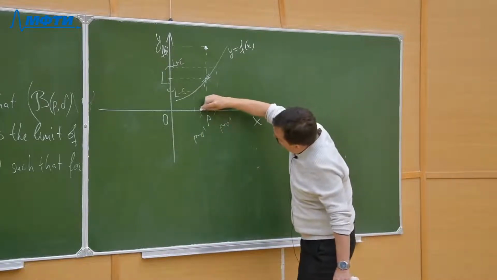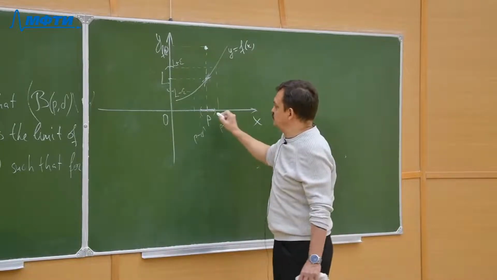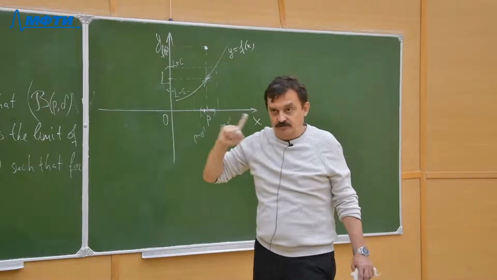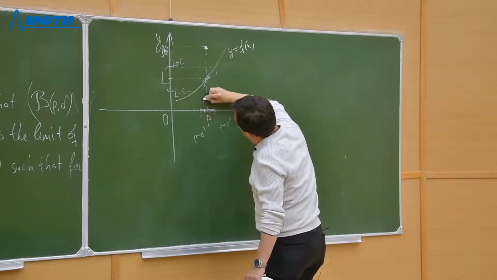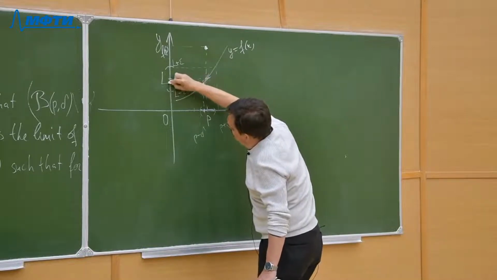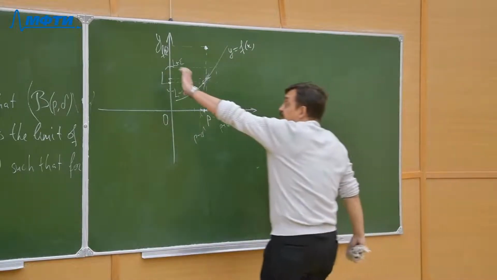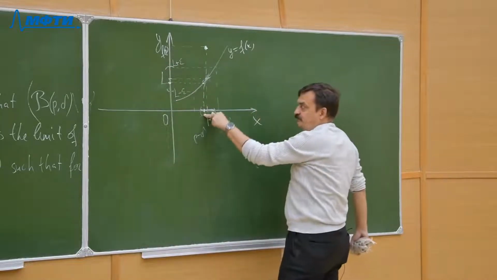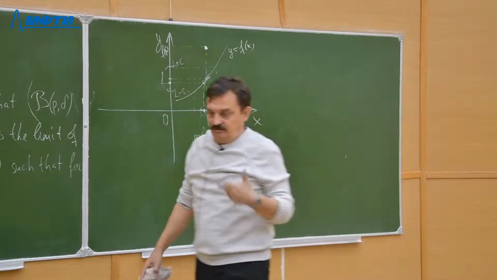So we can find a neighborhood of the point P such that once we take an arbitrary x in this neighborhood, except for the point P itself, the value of the function is in the given neighborhood of L. So given an arbitrarily small neighborhood here, you can find a neighborhood of P which is mapped inside the epsilon neighborhood of the limit.